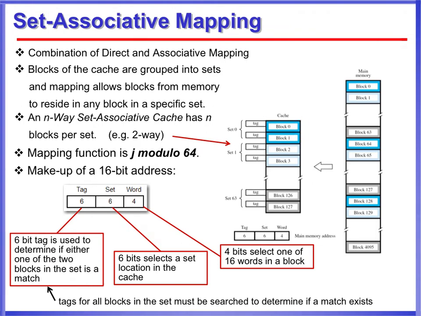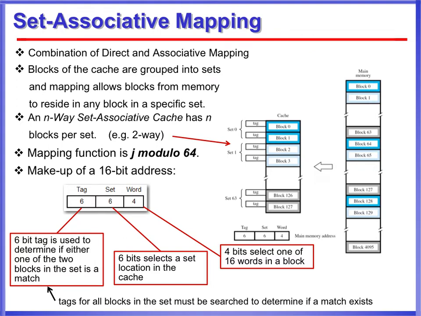So instead of block 0 and block 128 both being mapped just to this one, now it's block 0, block 64, block 128, block 200 something, that can go to either one of these two positions, right? So all of these blue ones can go to either one of these two positions, okay?